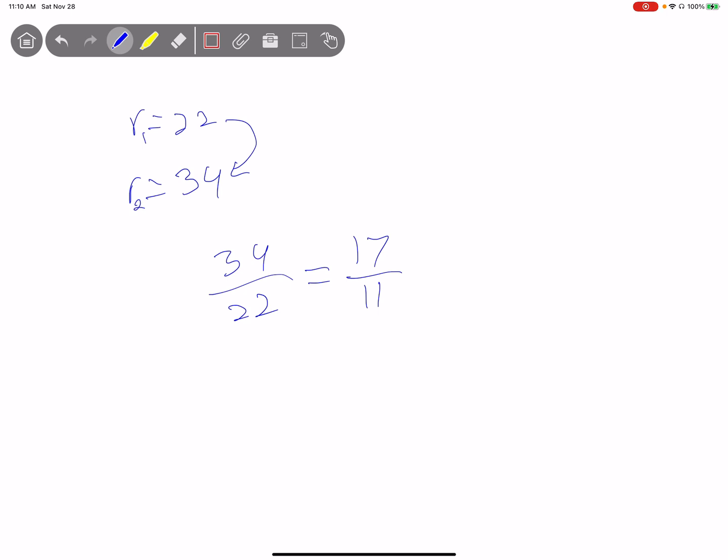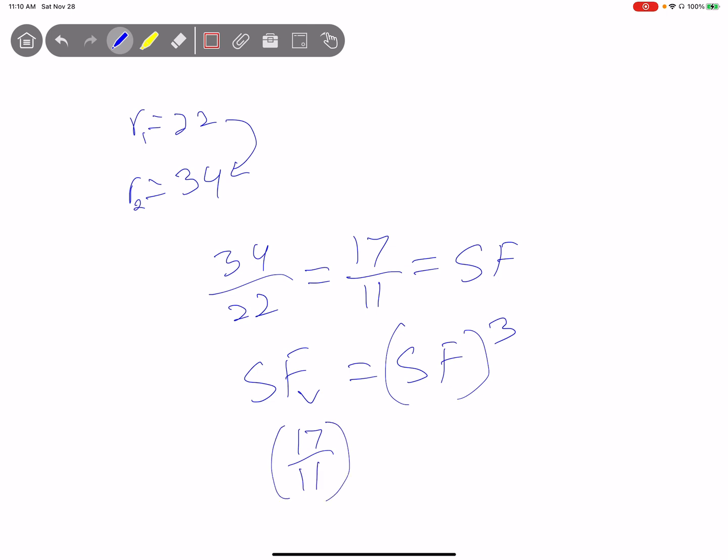And then all I have to do is, sorry, not divide. All I have to do now is cube, because remember, this is my scale factor. So now I need the scale factor for my volume, which means it's the scale factor cubed. So I take 17 over 11 and I cube it.